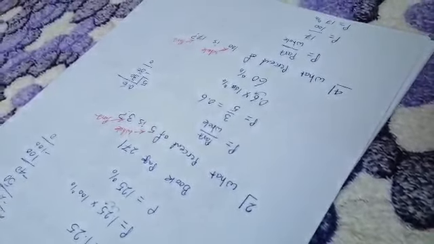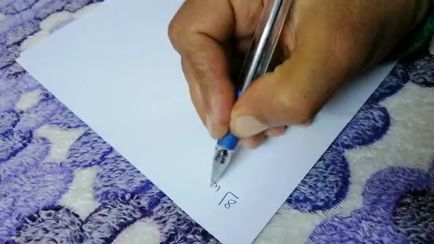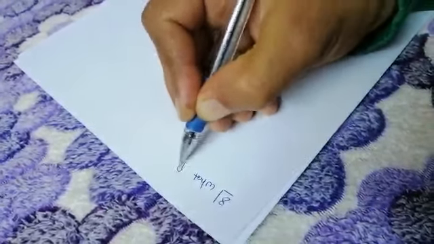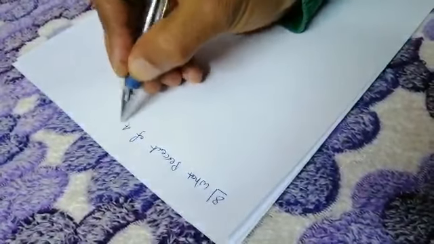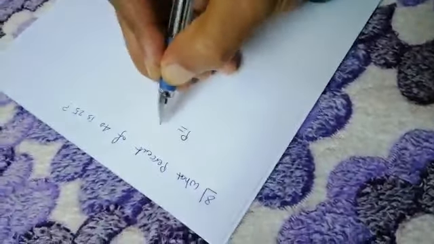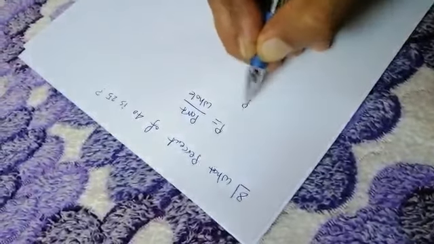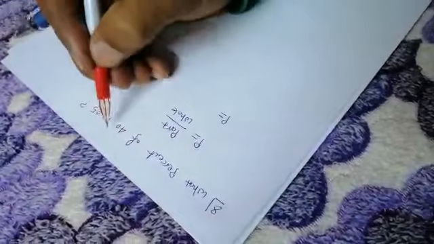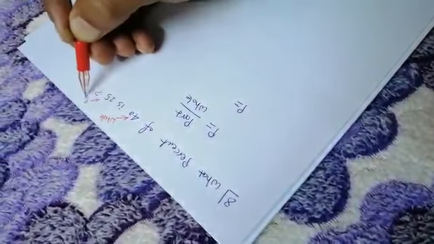Okay guys, now let us solve question 8. What percent of 40 is 25? Look, we follow the formula P equals part divided by whole. We said the first number represents the whole and the second number represents the part.